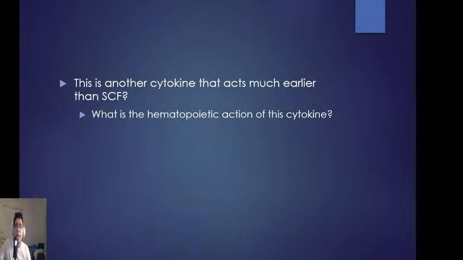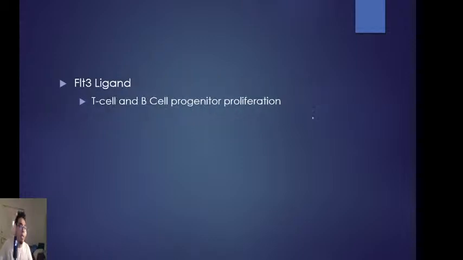Another cytokine that acts faster, much earlier than KIT ligand, is your FLT3 ligand. It has a hematopoietic action specific for T and B cell progenitor proliferation.